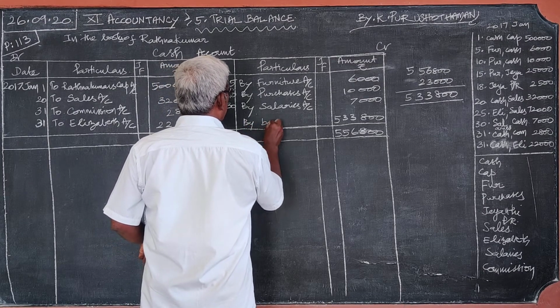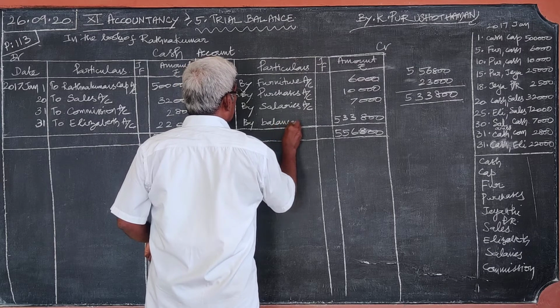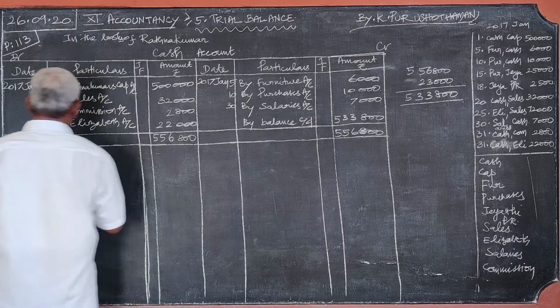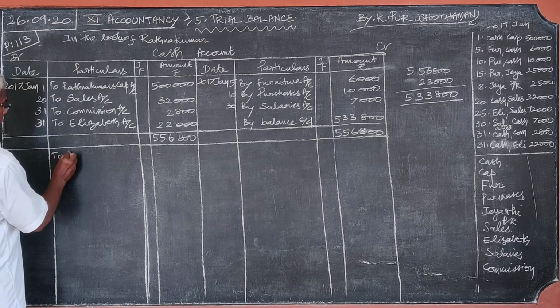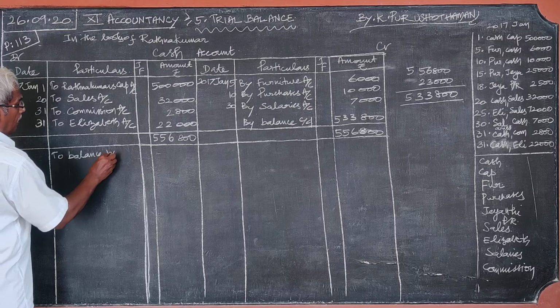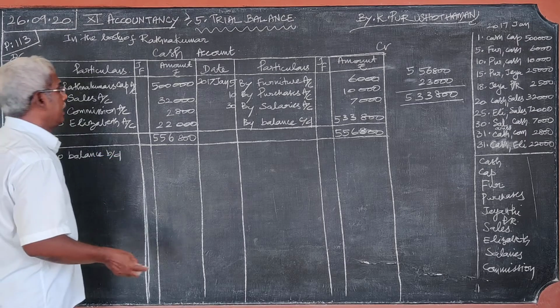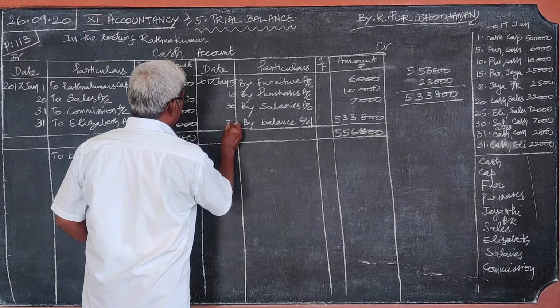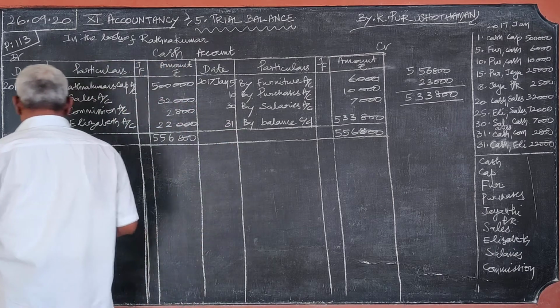Therefore, by balance carried down. In the opposite side, we should write to balance brought down. For carried down, the last date of the month, January 31st.